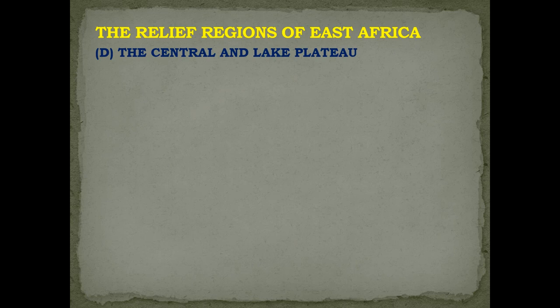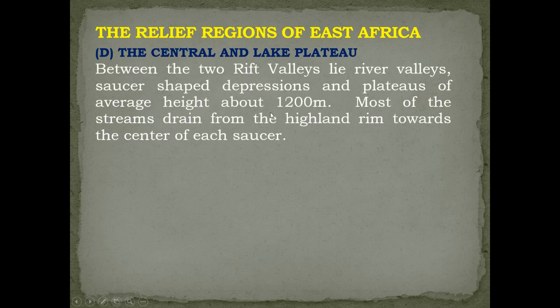Then 4, we have the Central and Lake Plateau. We call it Central because it's almost in the middle of East Africa, and we call it a Lake Plateau because it is associated with the largest lake we have in East Africa, that is Lake Victoria.